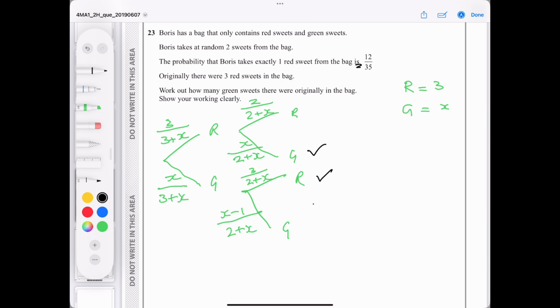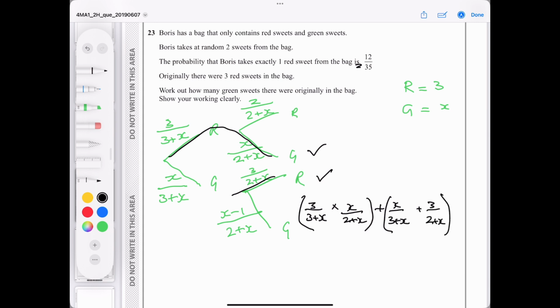So we know that 3 over 3 plus X times X over 2 plus X, plus X over 3 plus X times 3 over 2 plus X, equals 12/35.